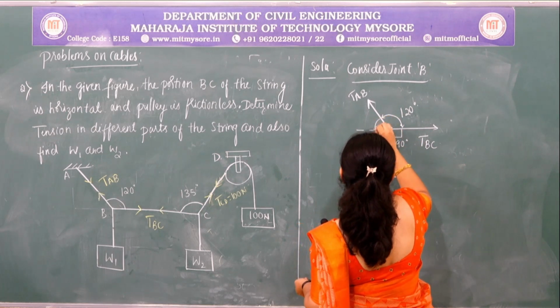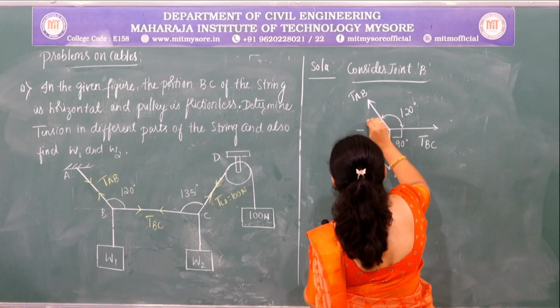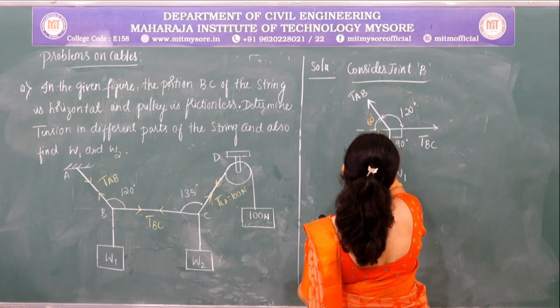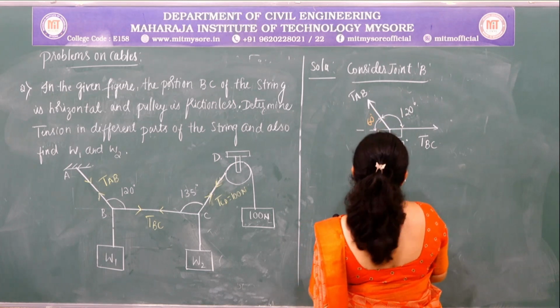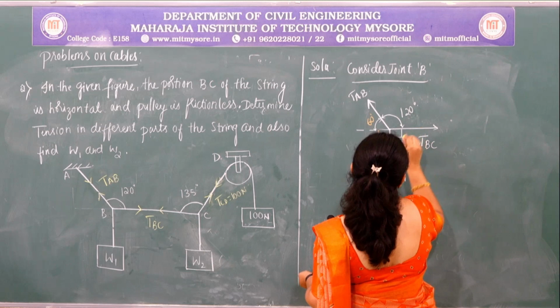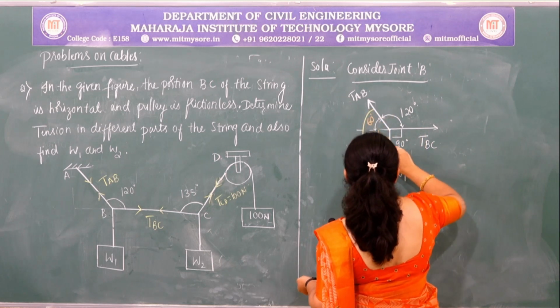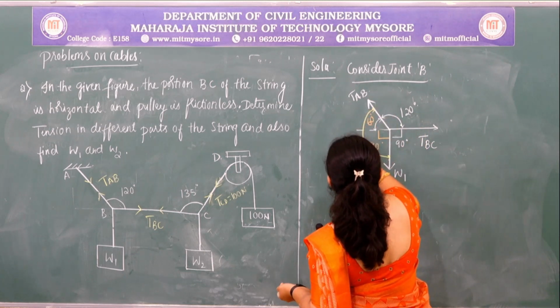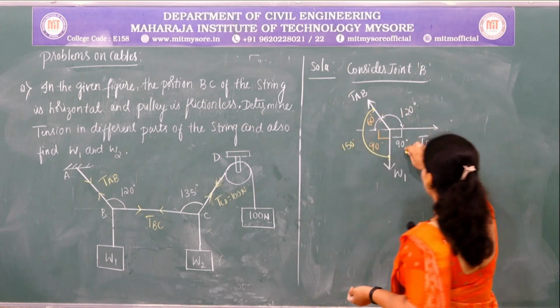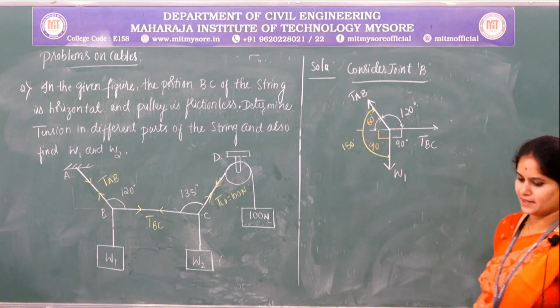So the remaining angle will be 60 and this is 90. So the total angle between these two is 150, this is 120 and this is 90 degree.